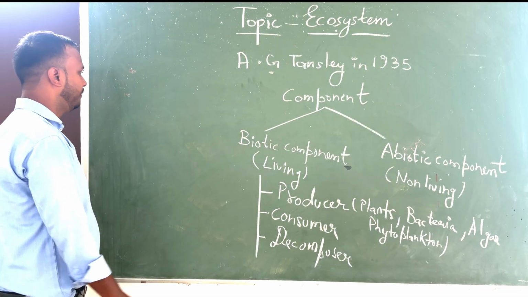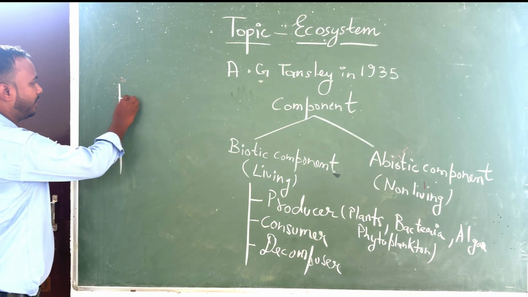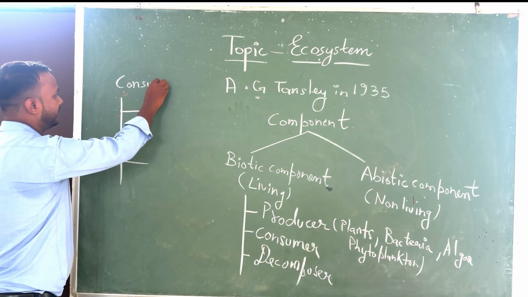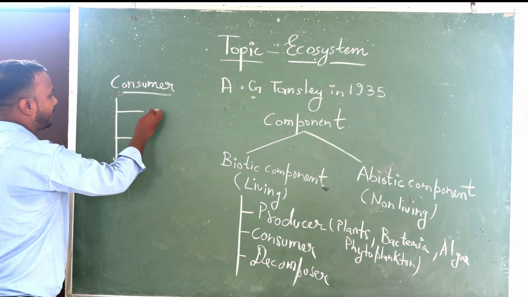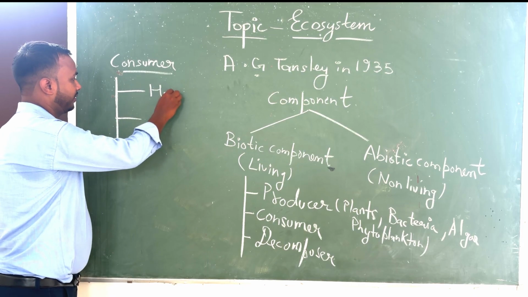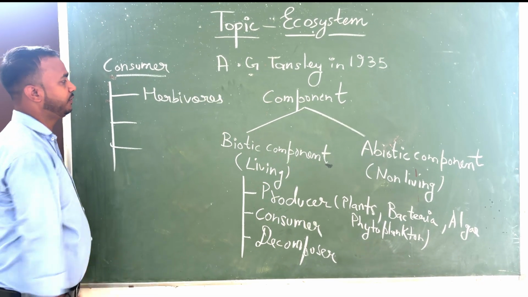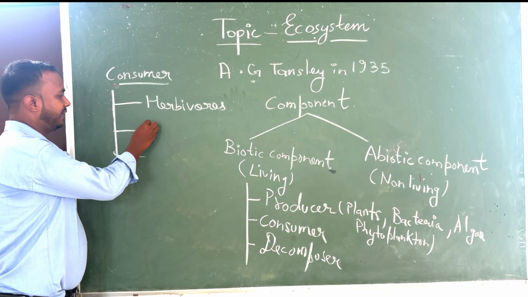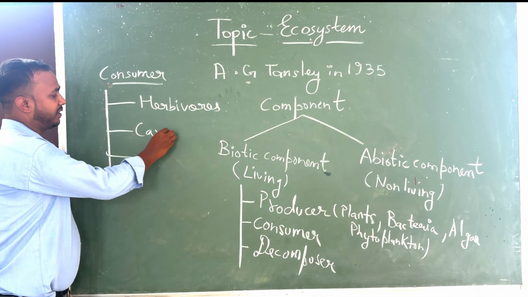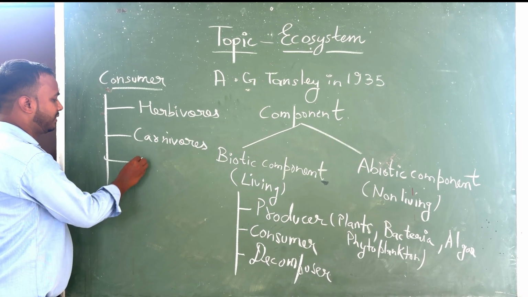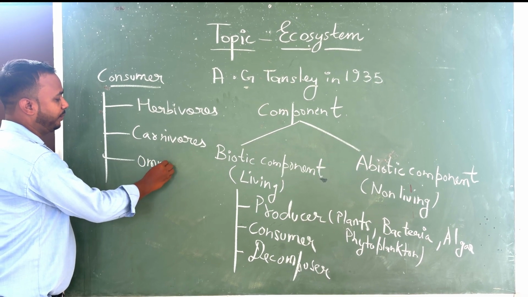The first type of consumer is herbivores, the second type is carnivorous, and the third type is omnivorous.